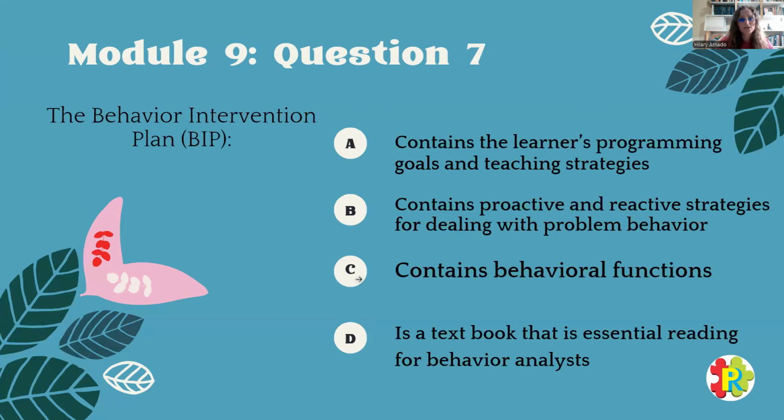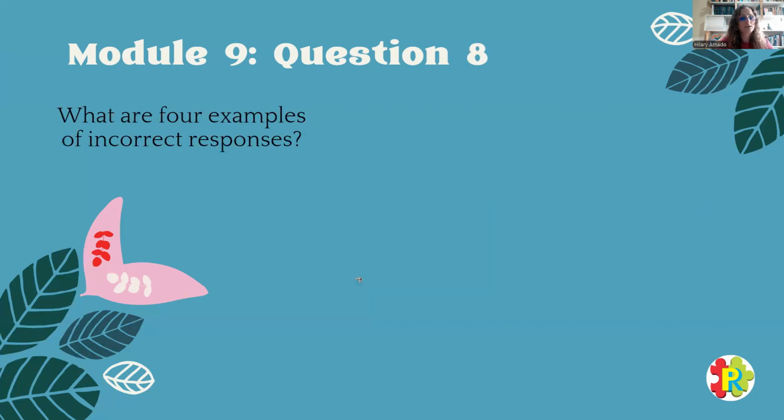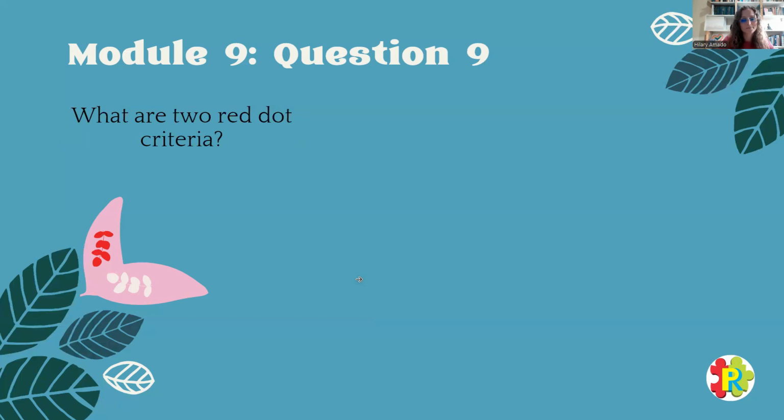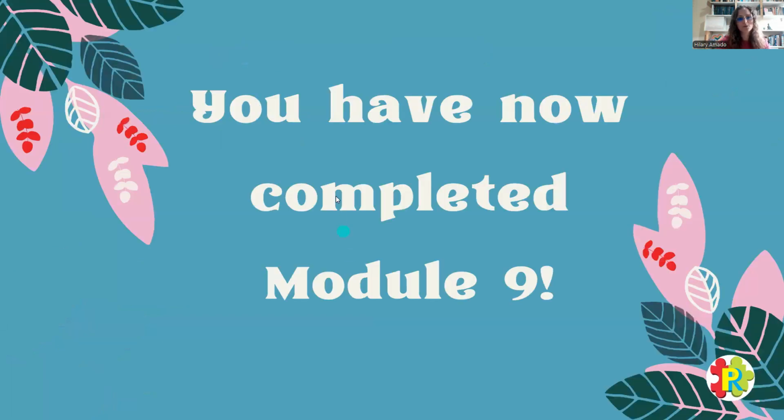The Behavior Intervention Program, Plan, or BIP. Question 8. I gave a longer list, but what are at least 4 examples of incorrect responses? Question 9. What are 2 red dot criteria? You have completed Module 9.